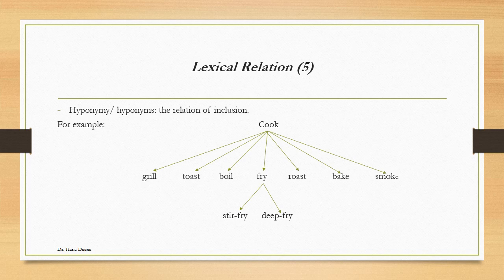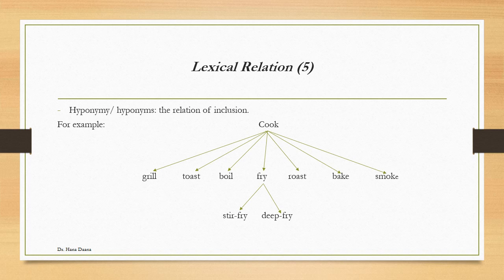The relation between grill, toast, boil, fry, roast, bake, and smoke would lead us to taxonomy, and we will discuss taxonomy in the coming video. Because they are arranged in the same level of analysis, the relationship between grill, toast, boil, fry, roast, bake, and smoke is different than the relationship between grill and cook, toast and cook, boil and cook.